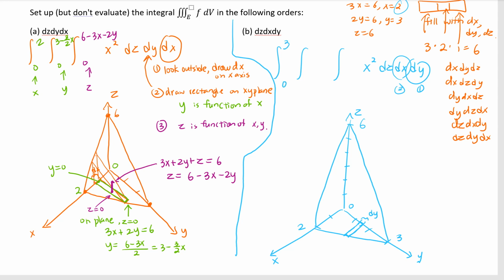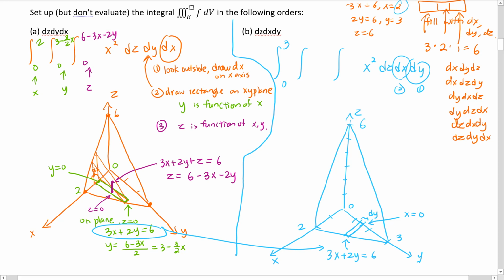And then the x. This guy, x is 0. This guy is on the line on the xy plane, the same line as the previous step, so we have 3x plus 2y equals 6. But in this case, we want to solve for x in terms of y.